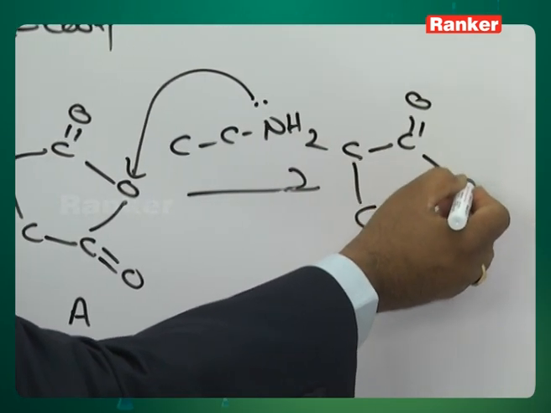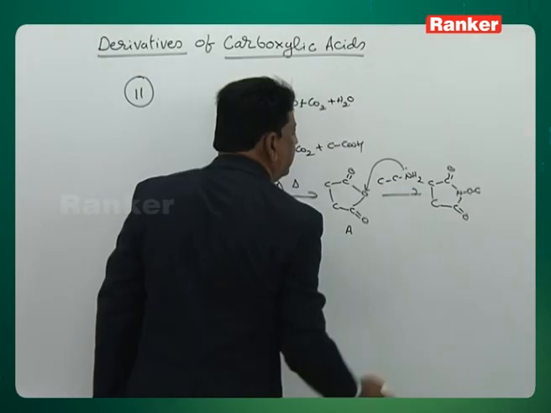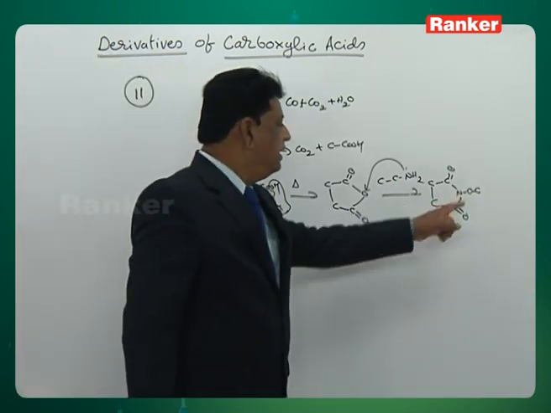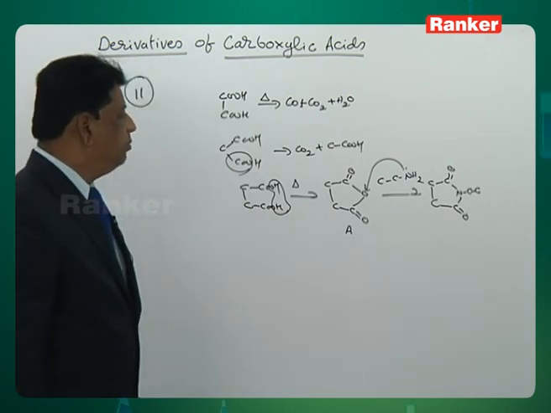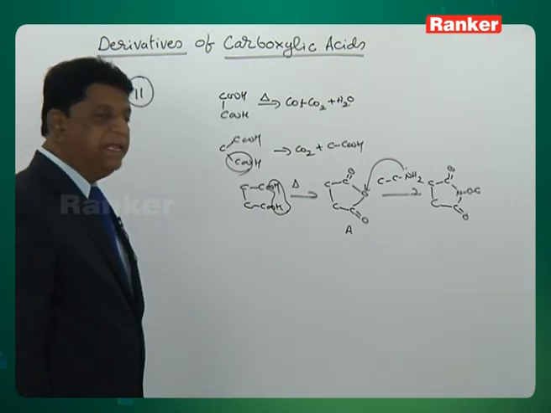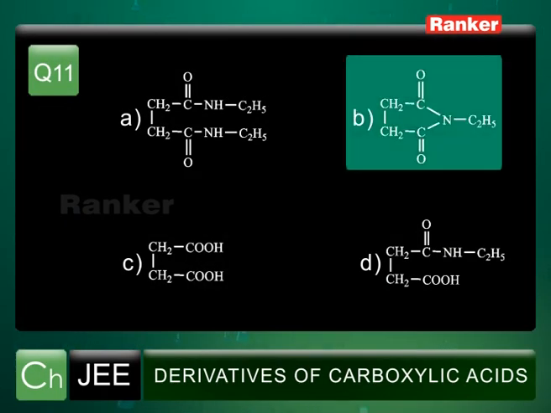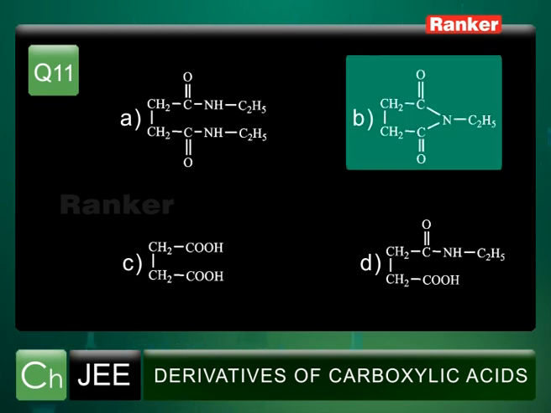However, it is having an ethyl group, so N-ethyl succinimide is formed. If hydrogen is there, it is ordinary succinimide. N-bromosuccinimide, NBS, is a well-known brominating agent. Here N-ethyl succinimide is the answer. So option B is the right answer.